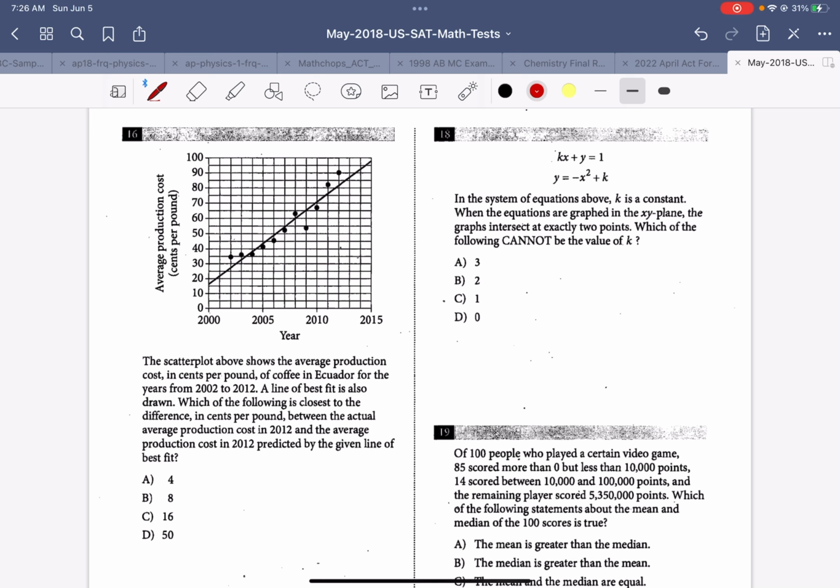A line of best fit is also drawn, and which of the following is closest to the difference in cents per pound between the actual average production cost in 2012 and the average production cost in 2012 predicted by the given line of best fit? So we are interested in 2012 here, and the difference between the actual average production cost and the predicted cost.